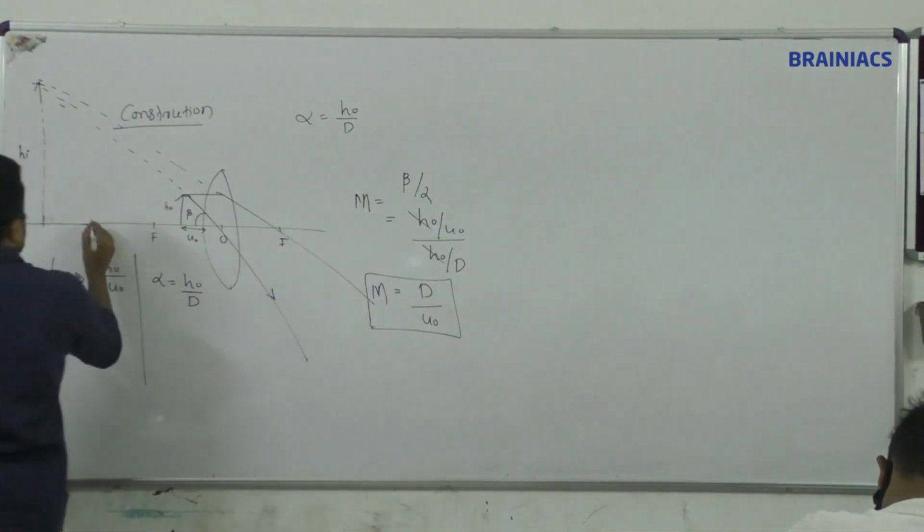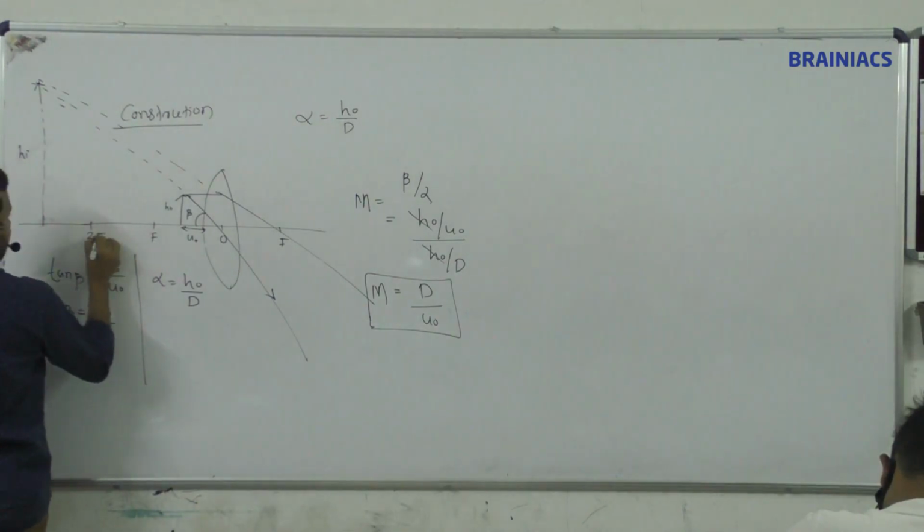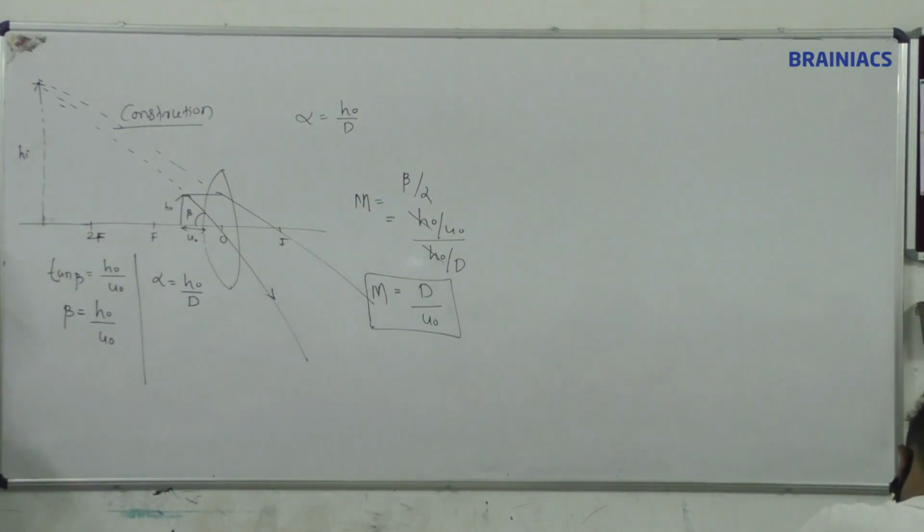Actually this image will be formed beyond 2f, whatever we have drawn in the previous diagram.